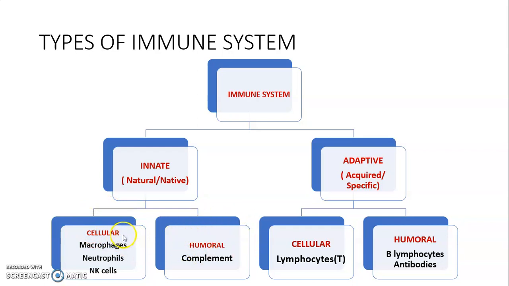Cellular immunity has components macrophages, neutrophils and NK cells, while the humoral system has complements. The cellular component of adaptive immunity is T lymphocytes, while the humoral includes B lymphocytes and the antibodies produced by B lymphocytes.